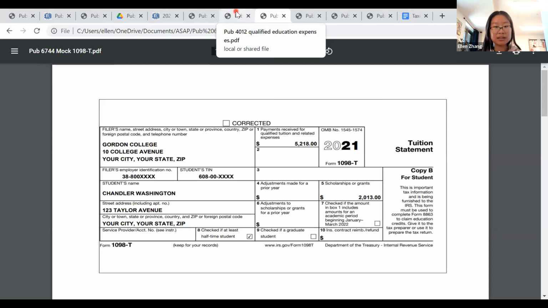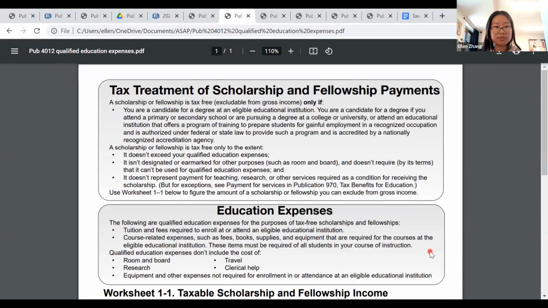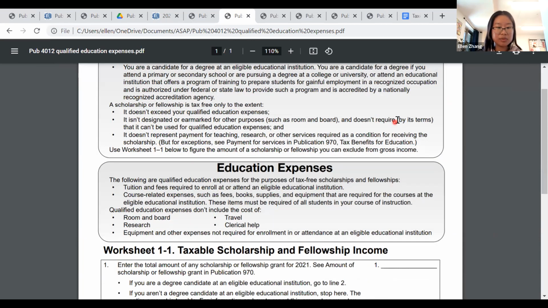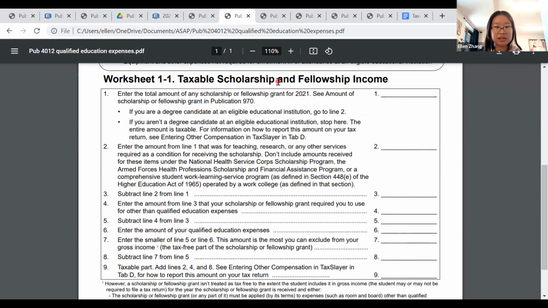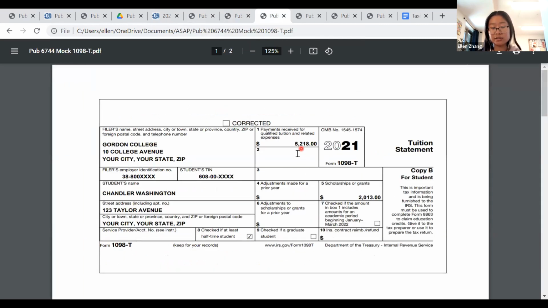So if we go back a little to the previous page, we can see this called tax treatment of scholarship and fellowship payments, which outlines if your scholarship or fellowship is tax-free. And then we scroll down and see the scholarship and fellowship income. And basically what your scholarship or fellowship or grant does to your qualified educational expenses is it decreases it.